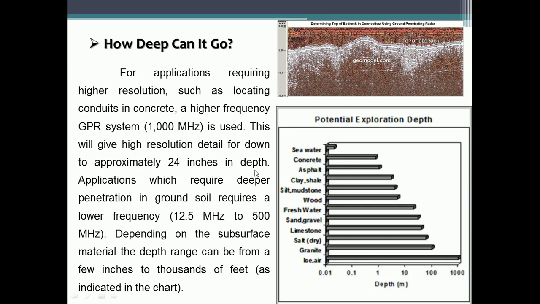So up to 24 inches, the condition of the pavement can easily be plotted using this GPR method. You can observe in the side figures the geological model, which shows the features of the earth surface.